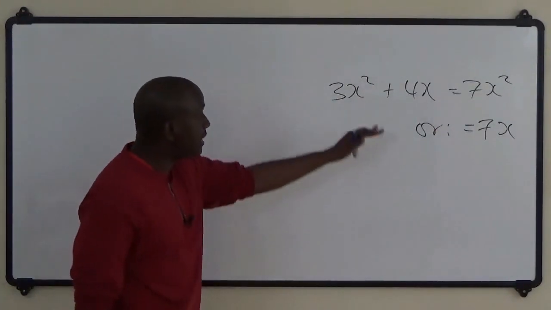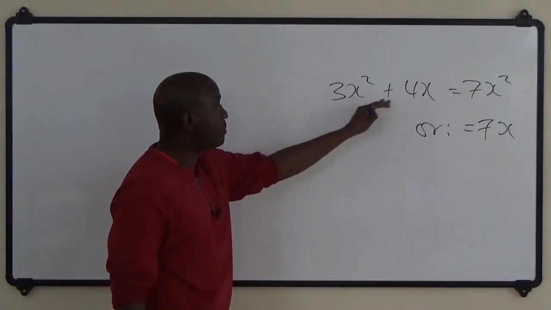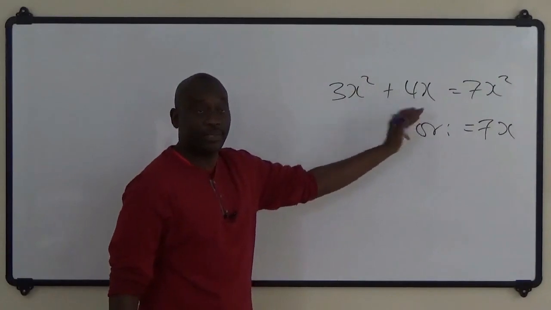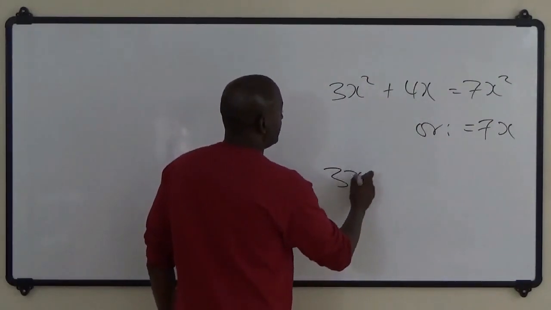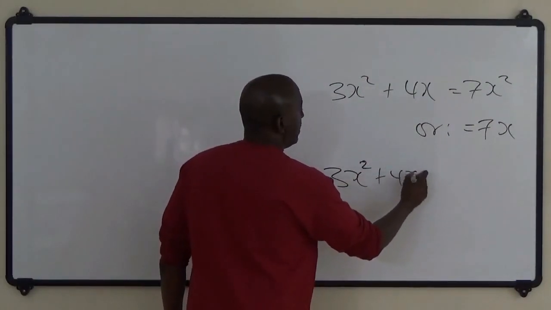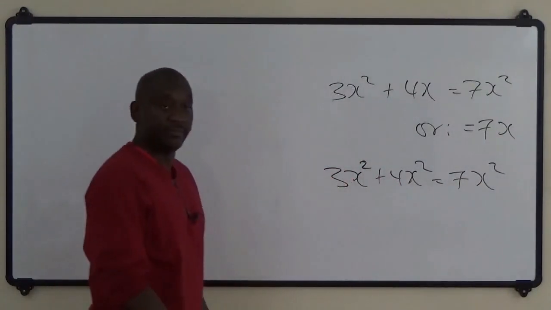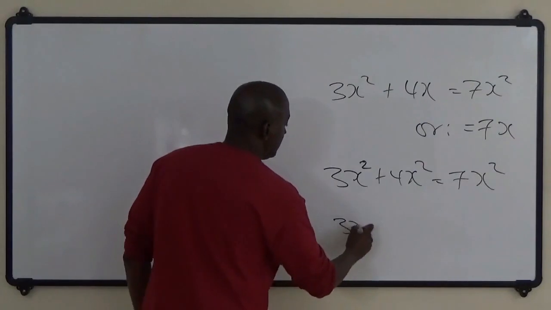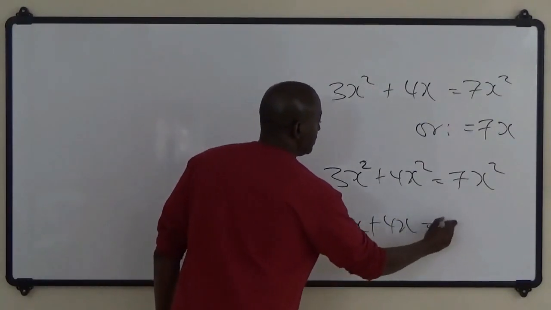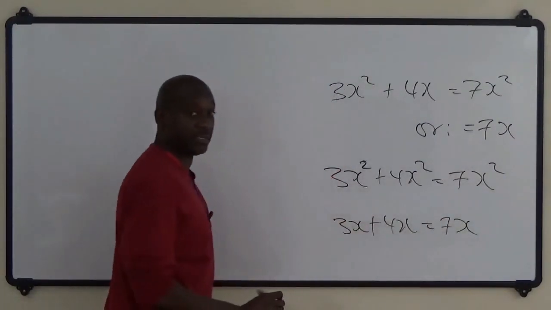No. You cannot do that. 3x squared plus 4x is simply 3x squared plus 4x. 3x squared plus 4x squared? Yes, that will give you 7x squared.